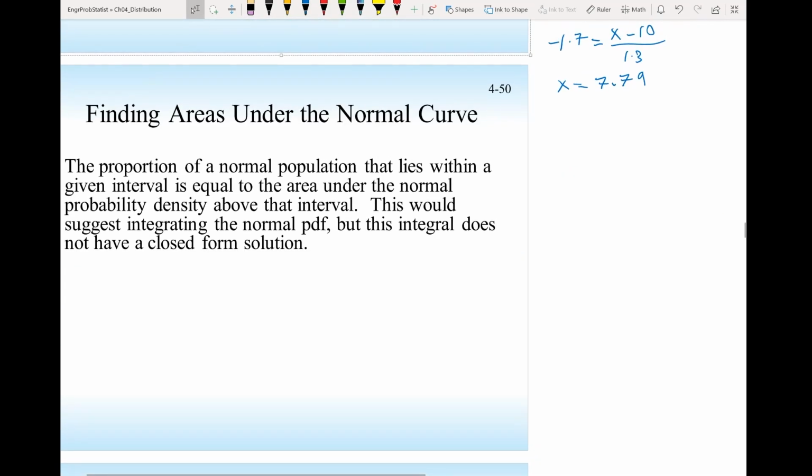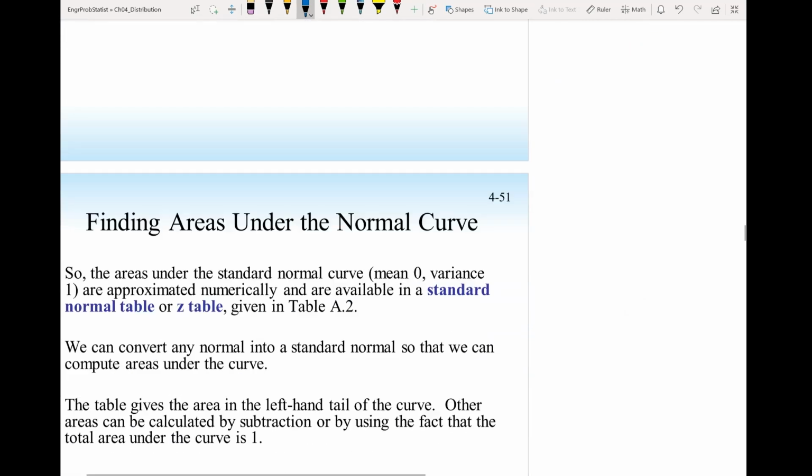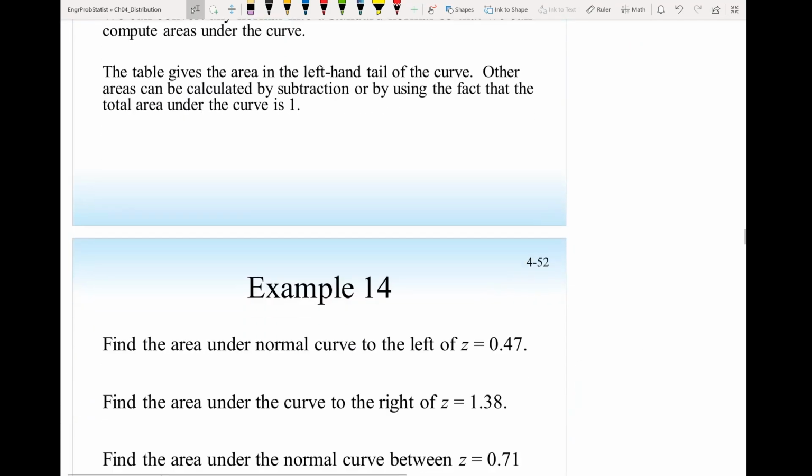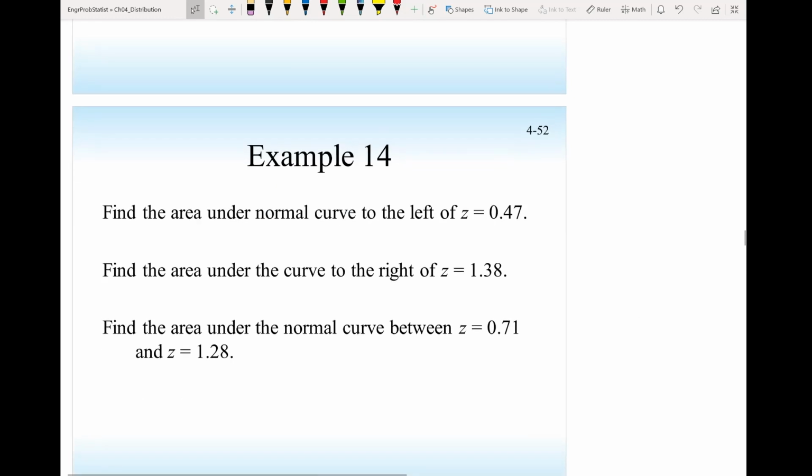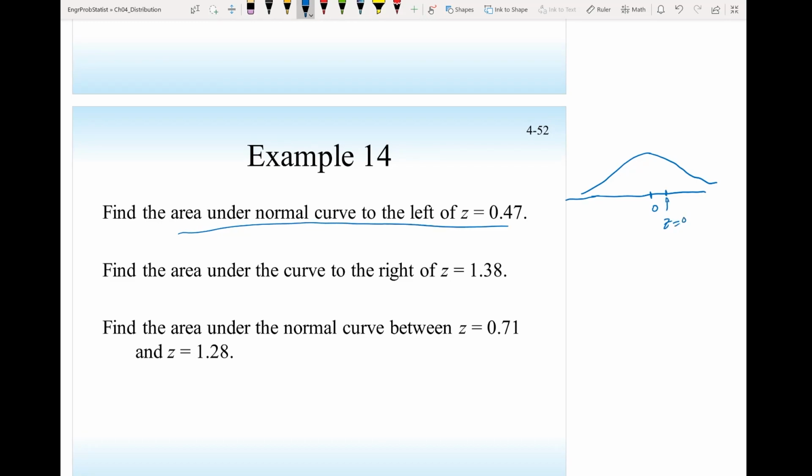We already talked about how we find area under the normal curve using the table. So let's just move on and take this example. Here is a standard normal distribution. This is 0, and they want the area to the left of z. So z is here, and it's 0.47. So basically they want the probability z equal or less than 0.47.